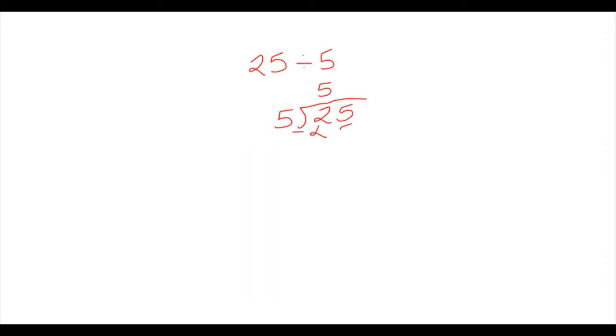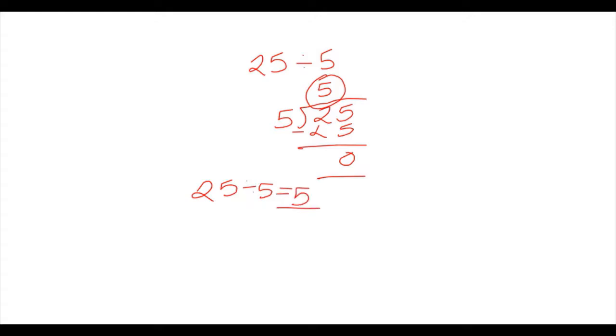So we will subtract 25 from this. So you see here we will get 0 and we are going to get 5 in the quotient. So this is the answer. That means 25 divided by 5 is going to give you 5.